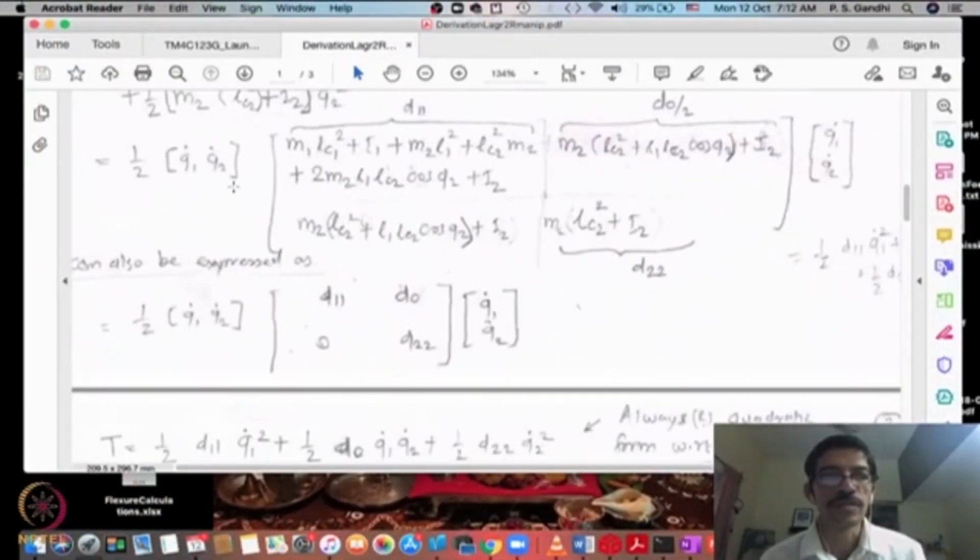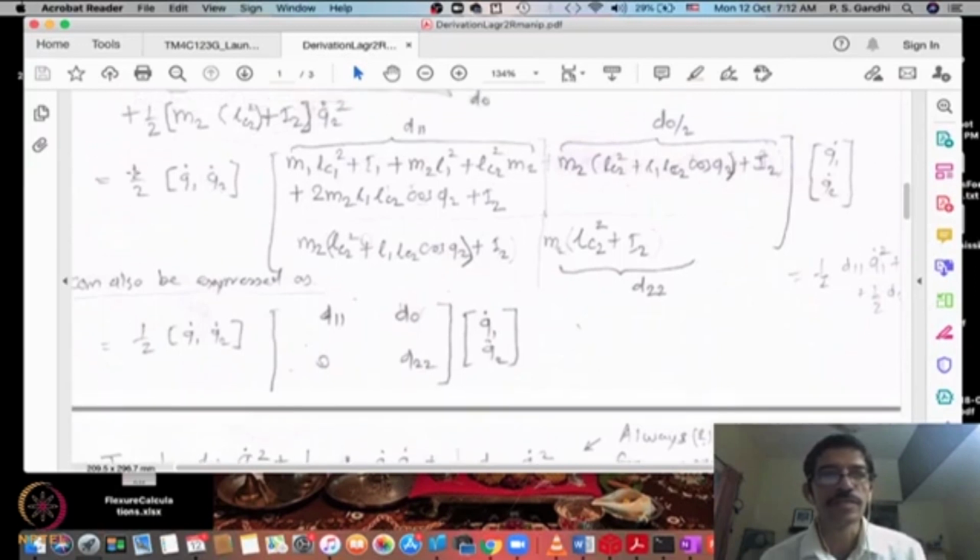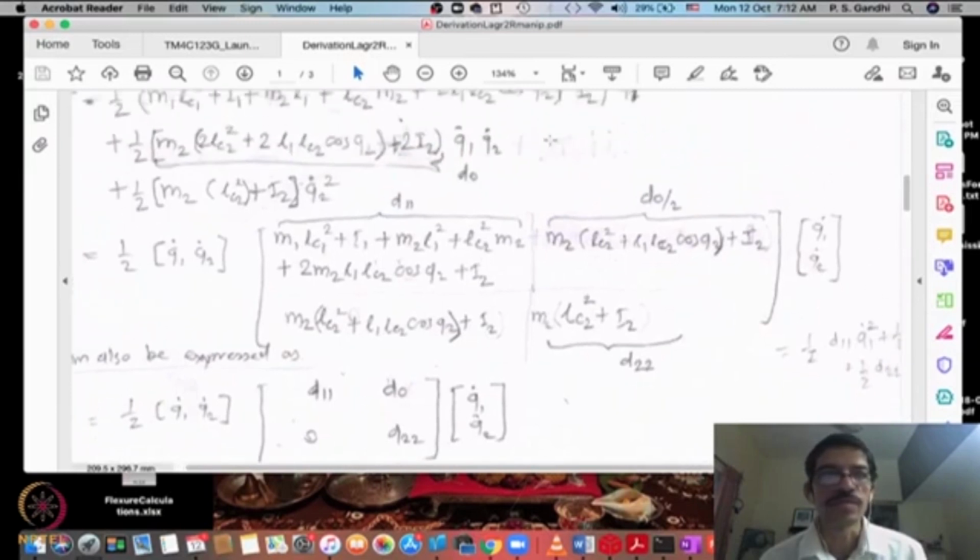Here the kinetic energy is expressed in D11, and D12 is basically the D0 by 2 term, where the expression for D0 is given here. So D0, D11, D12, D21 and D22 are the terms in this quadratic form matrix, multiplied by Q1 dot, Q2 dot and its transpose.